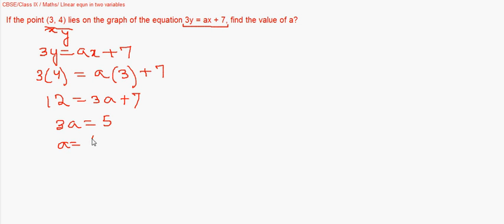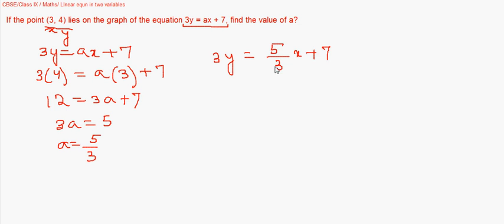A now becomes 5 by 3. So the equation will be 3y equals 5 by 3 x plus 7.